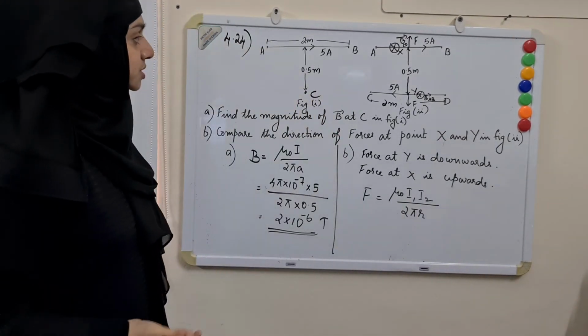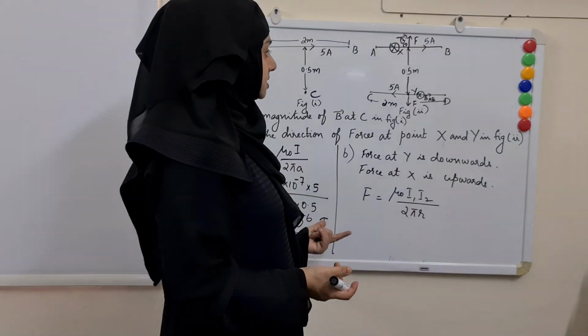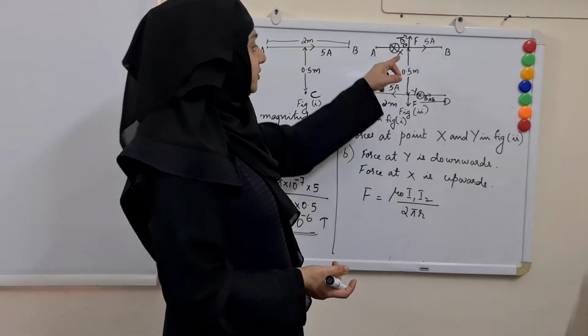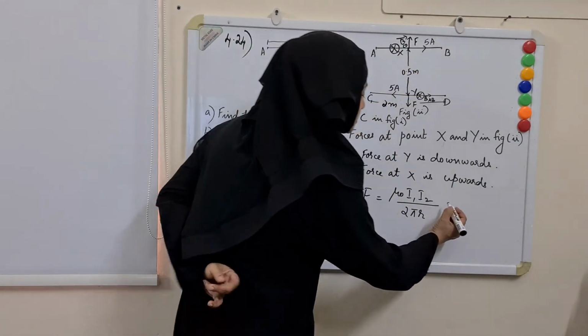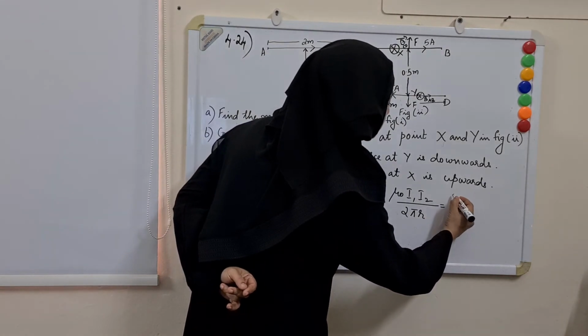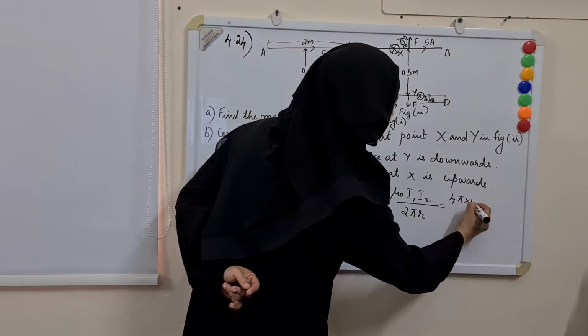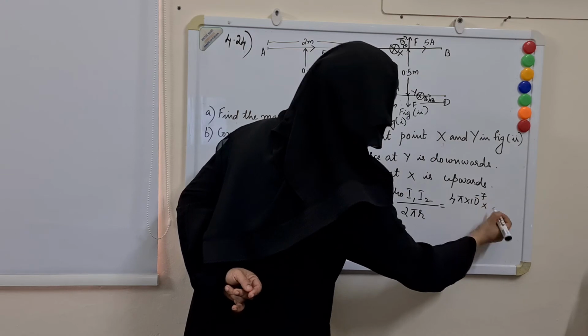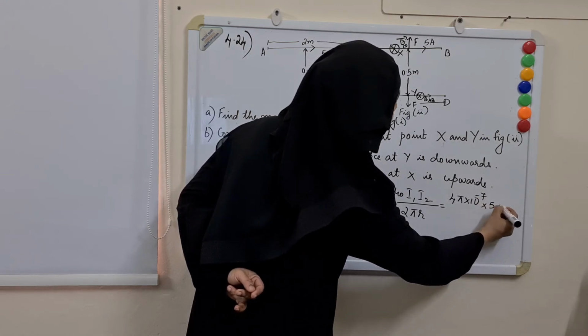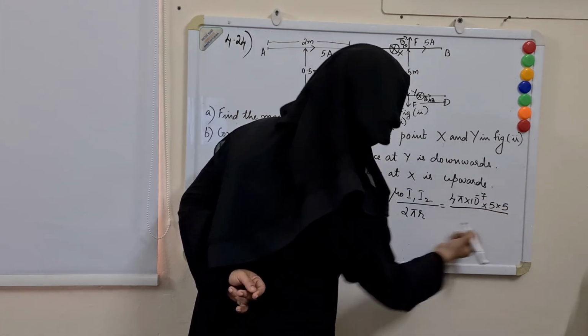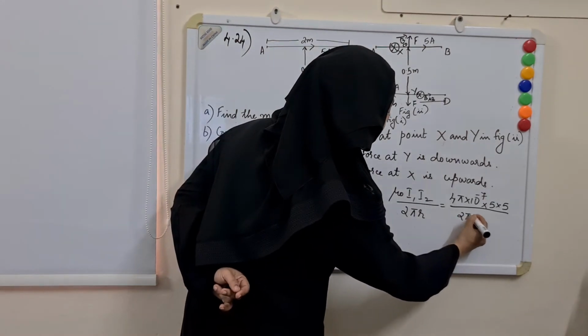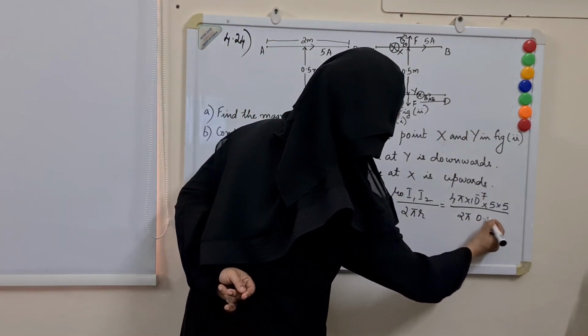So you can use this. I1 and I2 are the same. The distance r between them is 0.5. So you can get it as 4 pi into 10 raised to minus 7 times 5 times 5 divided by 2 pi into 0.5.